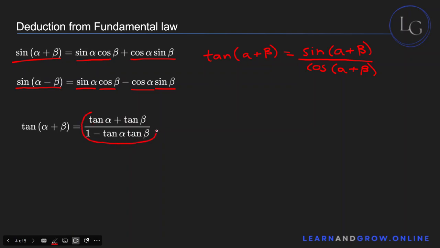Now, in this particular case, the derivation is slightly lengthy, right? So if you want to do it on your own, you can, but it's easier to actually memorize this entire thing, because this is just a little bit more lengthy. And again, if you have the negative sign between alpha and beta, the only difference is that these signs are inverted, right? And that's really about it.